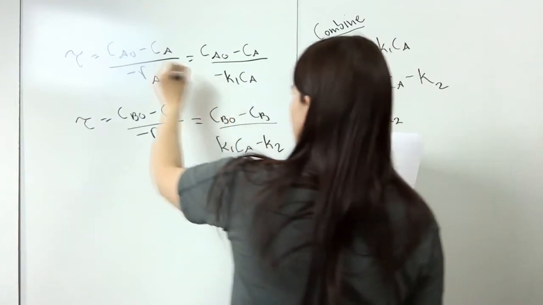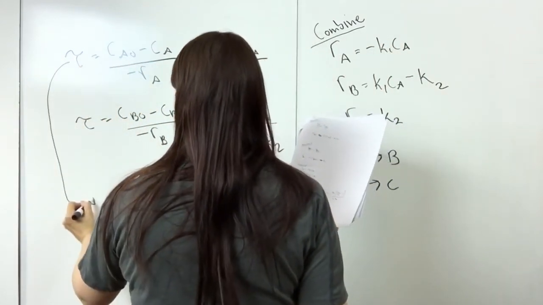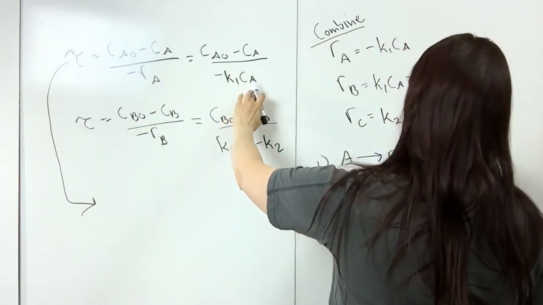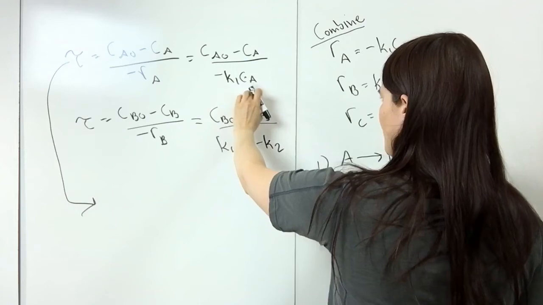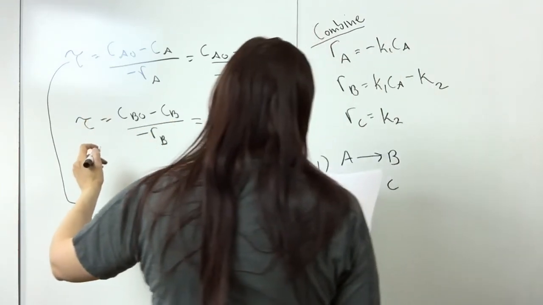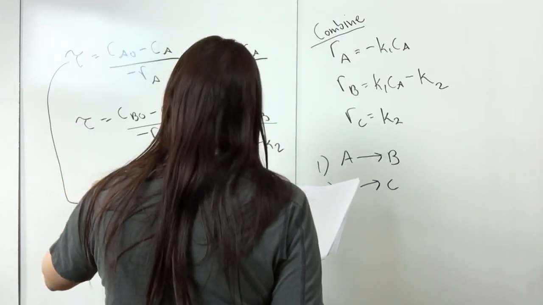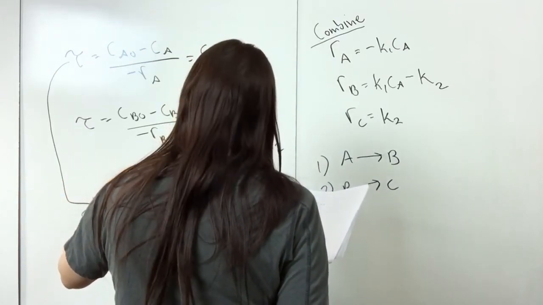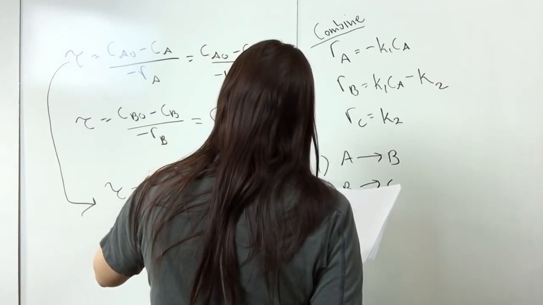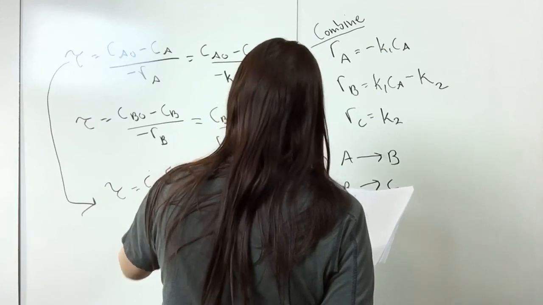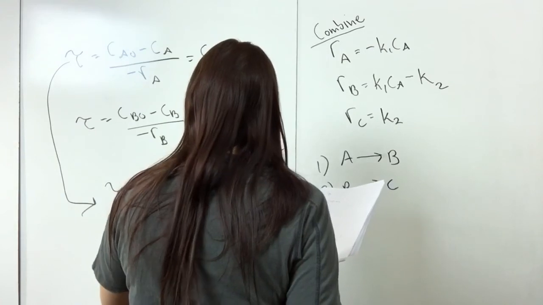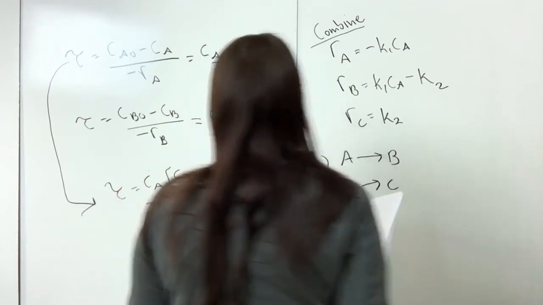Then we can take this first equation and, technically this is the answer, but I want to put it in terms of Ca over Ca naught. So I'm going to divide through by Ca. If you do that, you get tau is equal to Ca naught over Ca minus 1 over K1.